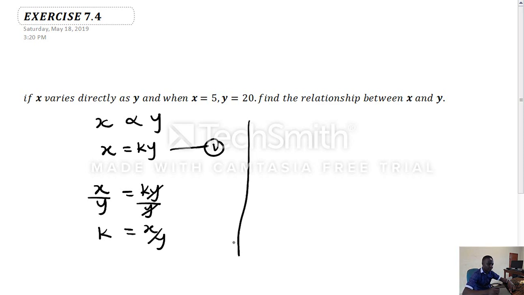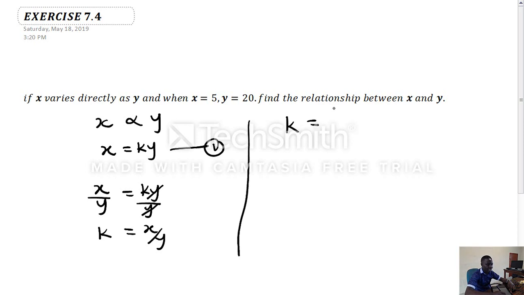Having done that, we will substitute the values of x and y into the expression for k.